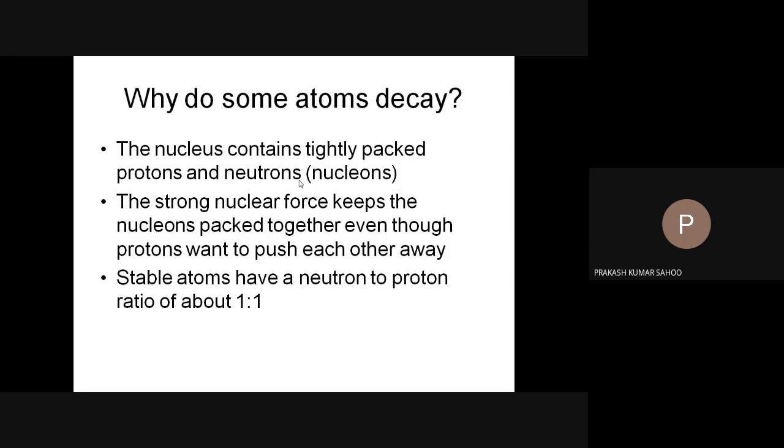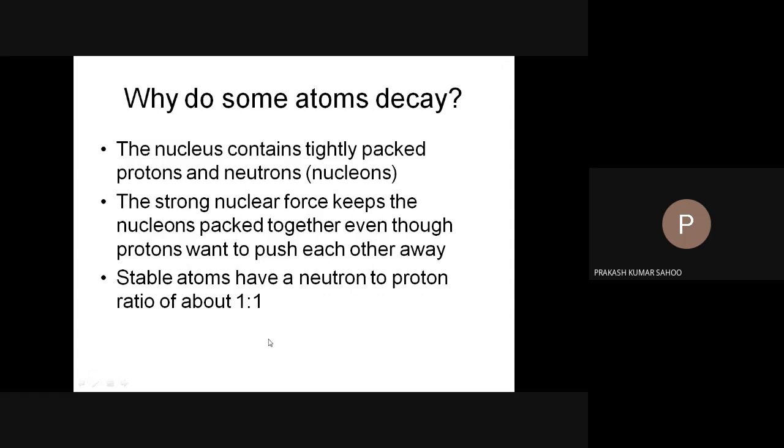This is possible due to the nuclear force, which is a strong force, and it is an attractive force. The strong nuclear force keeps the nucleons, that is, protons and neutrons, both called nucleons, packed together even though protons want to push each other out. That is, the force of repulsion arises due to same charge protons. Still, they are kept in the same nucleus due to the strong nuclear force.